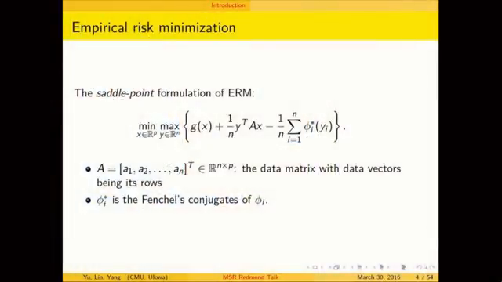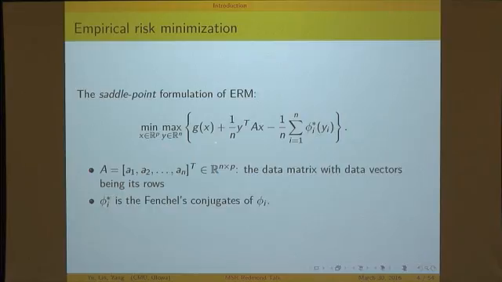If we introduce the functional conjugate of the loss function, phi i star, then we can reformulate the original empirical risk minimization problem as a bilinear saddle point problem. Here A is the data matrix, with each row being a data point of dimension p. In the following, we will work on this formulation rather than the original formulation.